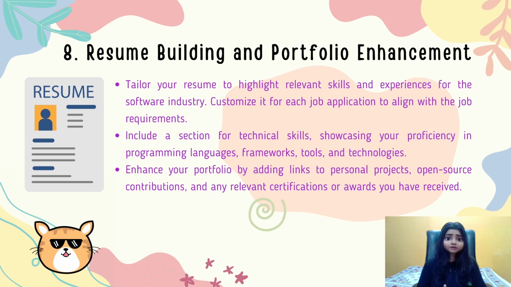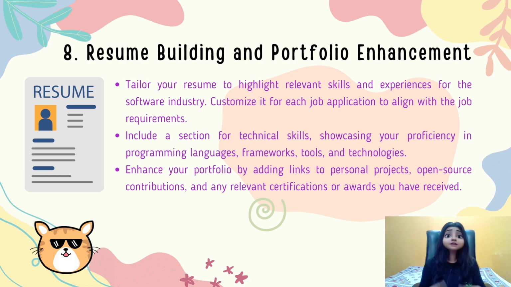Try to add something extra apart from what everyone is doing. For example, adding technical skills is something almost everyone does, right? But apart from this, you can add some open source contributions, some achievements that you have got, the different ranks you have on different coding platforms, and so on.